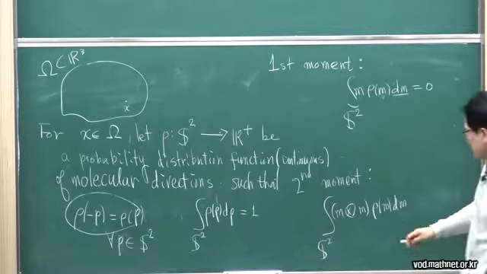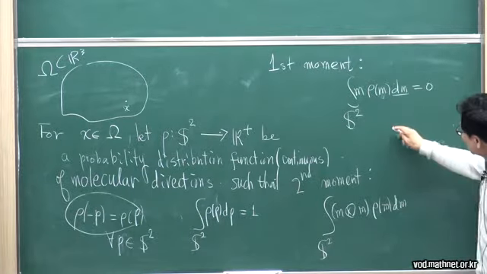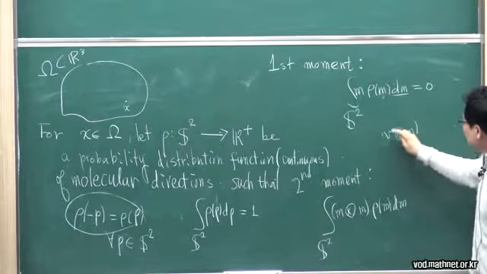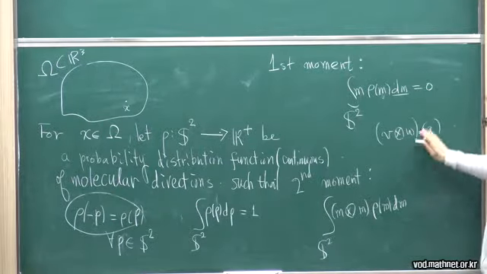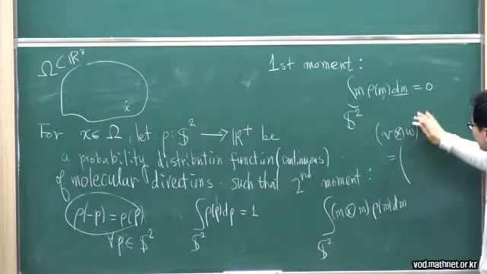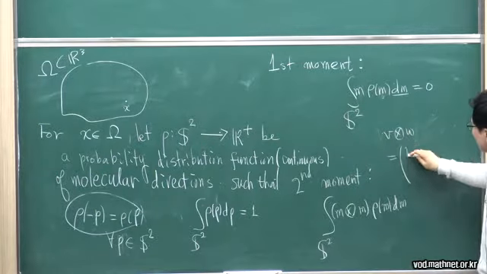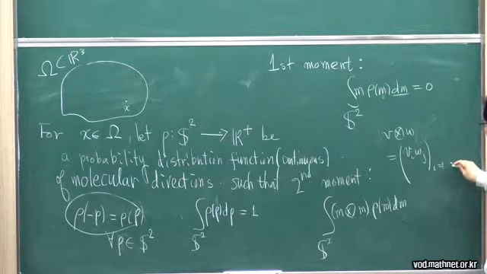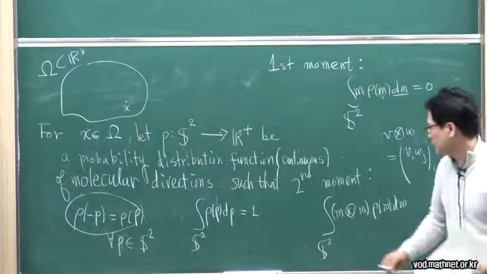Here I'm using the notation V tensor W, which is V_i W_j, i from 1 to 3, j from 1 to 3. This is the definition of the second moment.